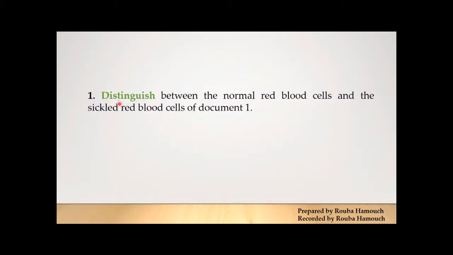So the question is, distinguish between the normal red blood cells and the sickled red blood cells of document 1. Remember that the verb distinguish means only state the differences between the red blood cells of a normal individual and the sickled red blood cells. Only the differences.